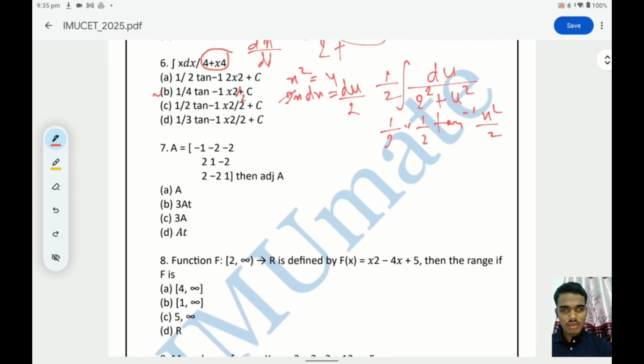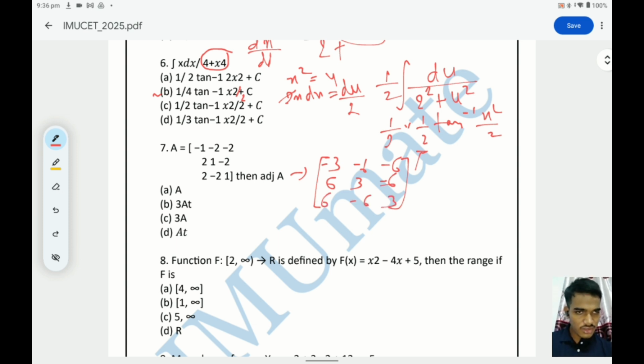Let's go for the next question. Question number 7 is about the adjoint of A, and we know that the adjoint is the transpose of the cofactors. Its cofactors will be minus 3, minus 6, minus 6, 6, 3, minus 6, 6, minus 6, 3.